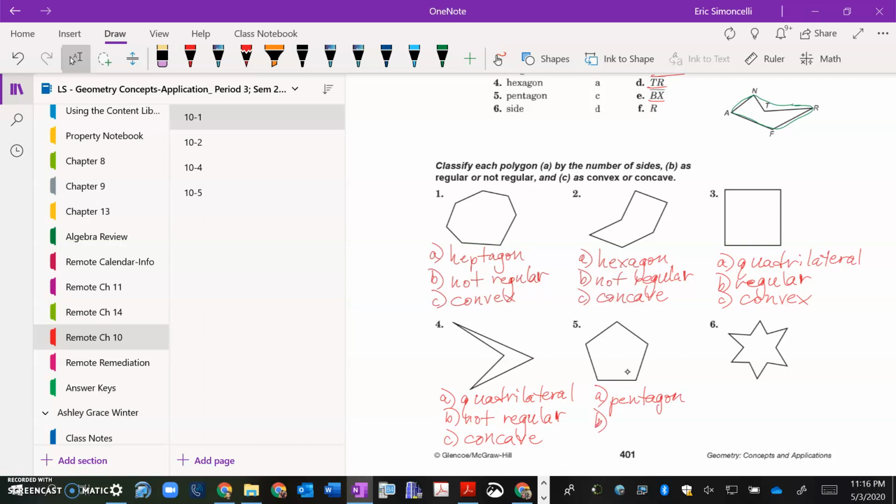Are all the sides congruent? Actually, yes. And I'm going to go back to number 3 and label accordingly because all the sides and all the angles are congruent, as well as number 5 here. Go ahead and mark them up as congruent. That's a nice way to do that. And then also the angles.